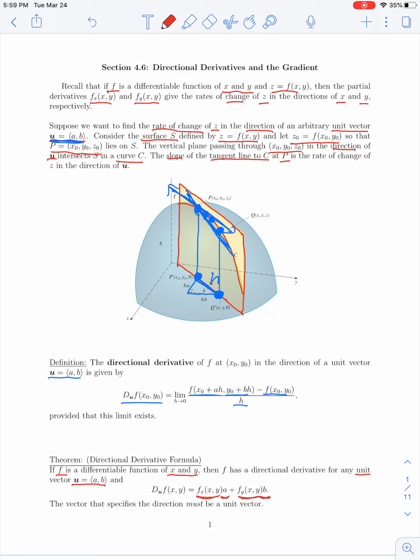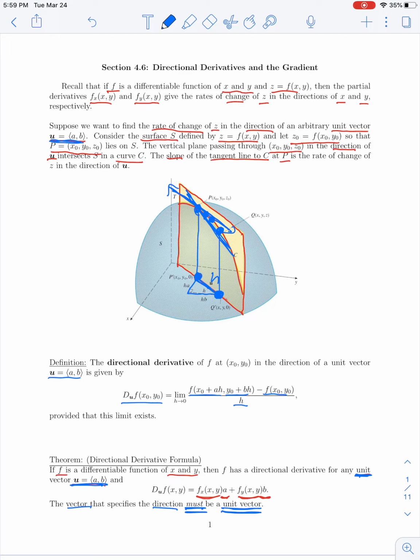So we can use this formula involving the partial derivatives and the components of our unit vector to calculate our directional derivative more easily. Now, one thing that we have to be a little careful of in making use of this theorem is that the vector which is giving our direction must be a unit vector.